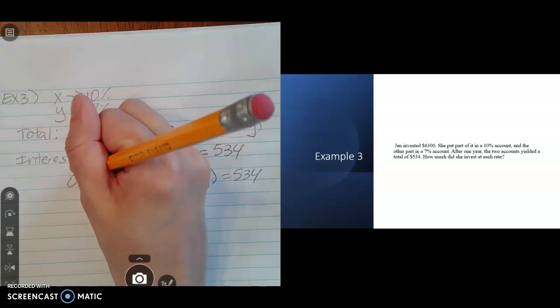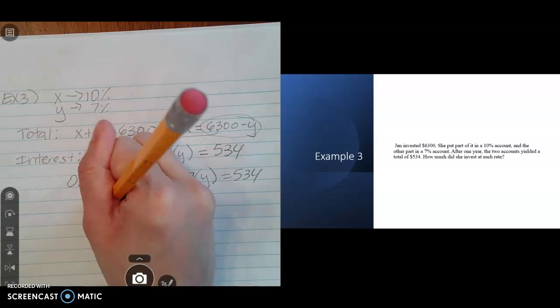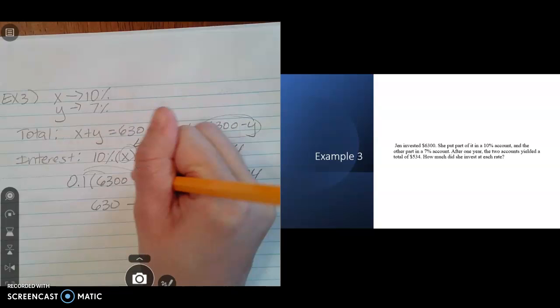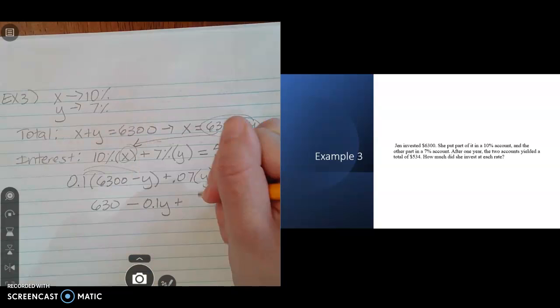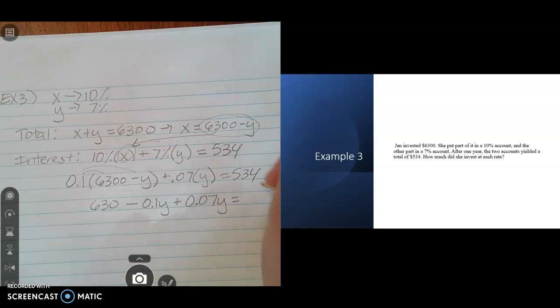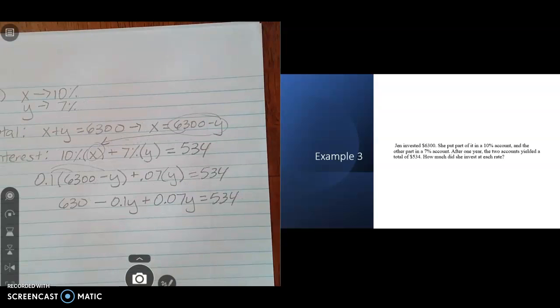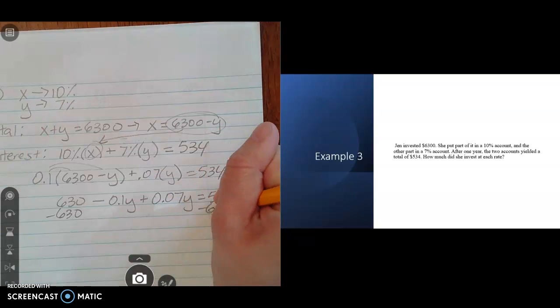To solve from here, I'll distribute. So 0.1 times 6,300 is 630. 0.1 times y is 0.1y. 0.07 times y is 0.07y, that's important, and it equals 534. From here, let's subtract 630 from both sides.